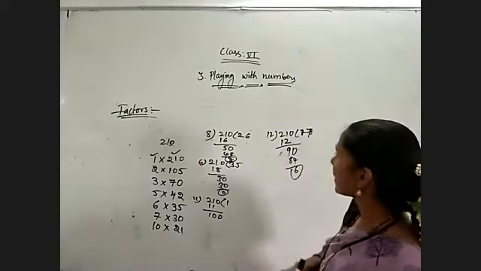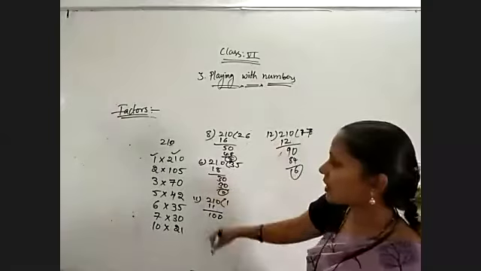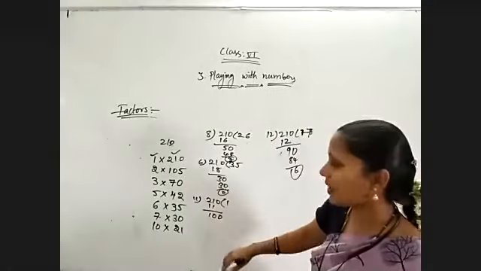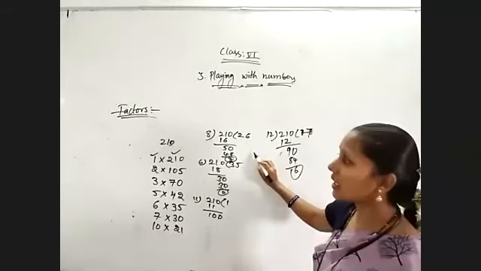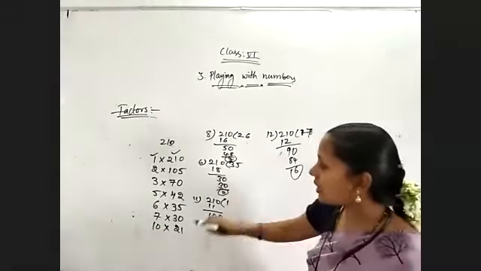So 6 is the remainder. It is not cancelled by the 12 table. Then coming to 13. 13 also will not cancel. 14, 15, 16, 17. Any table you will not get till 21.